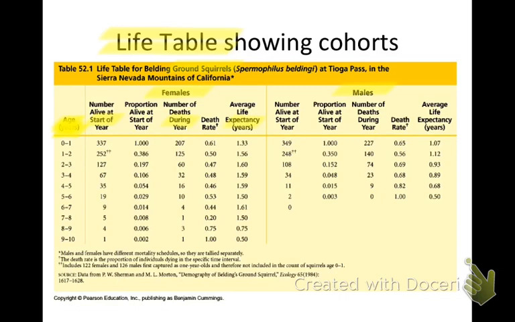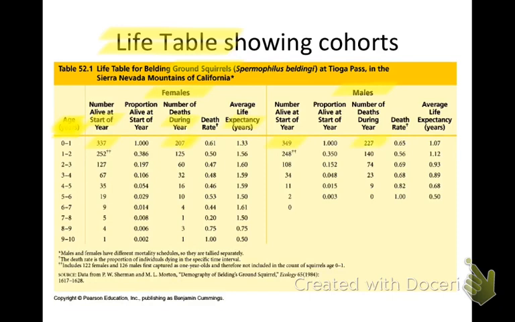And again, if you read this, at the beginning of the year, they started off with 337 females and 349 males. At the end of the year, they had 207 females and 227 males.